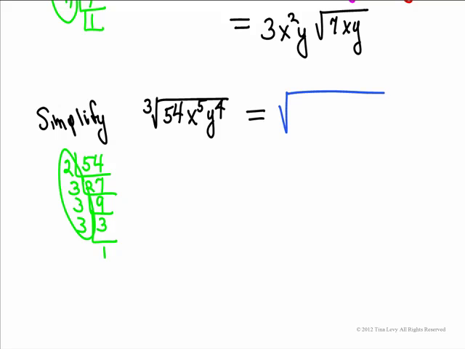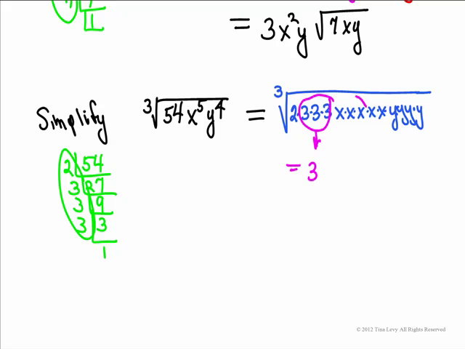So now I want the cube root of, I have a 2, I have 3 3's, I've got x to the fifth, which is 5 x's being multiplied, and y to the fourth is 4 y's being multiplied. I'm now ready to do the break out of jail. This is cube root jail, so it takes triplets. So now the triples break out of jail. Out comes a 3, out comes an x, out comes a y.